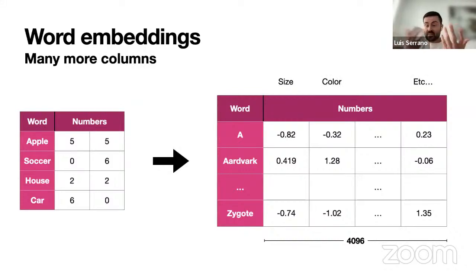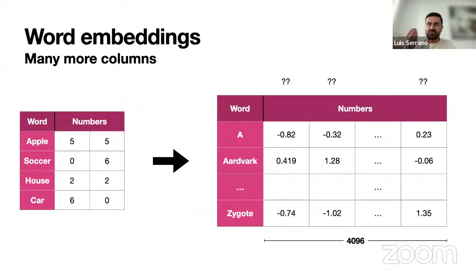But since these are built in a machine learning way by neural networks, not by humans, where we don't go around putting in numbers, sometimes there are properties that we can't read, that we cannot identify, but the computer can. There may be combinations of properties or something we haven't seen, and that's what embeddings are.